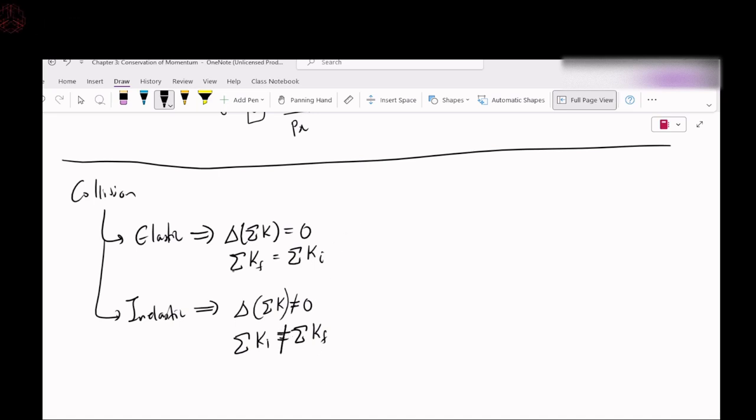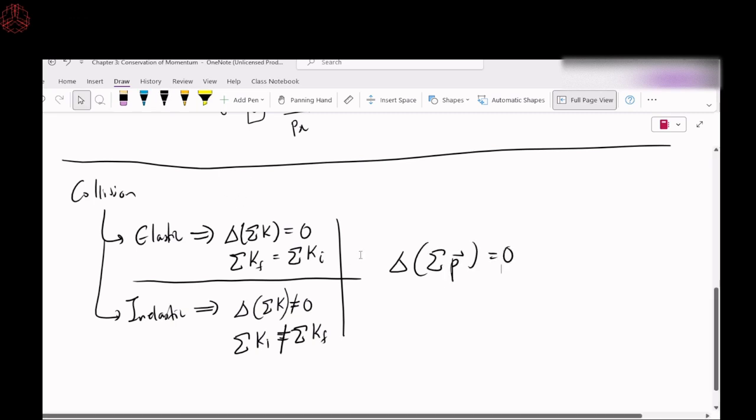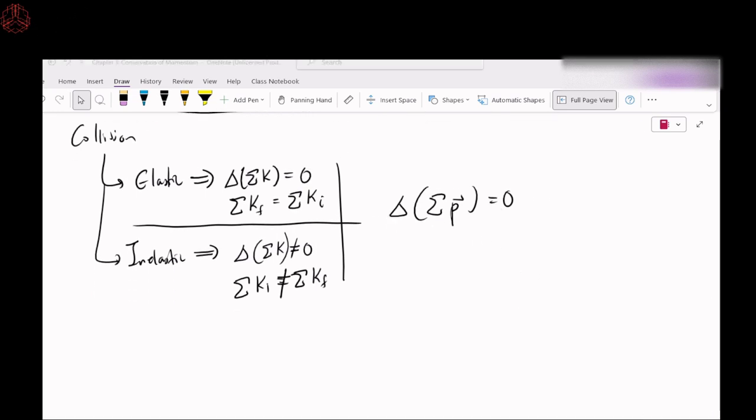Of course, in both cases, momentum is conserved in any collision. That is all for this part of the video. Thank you very much.